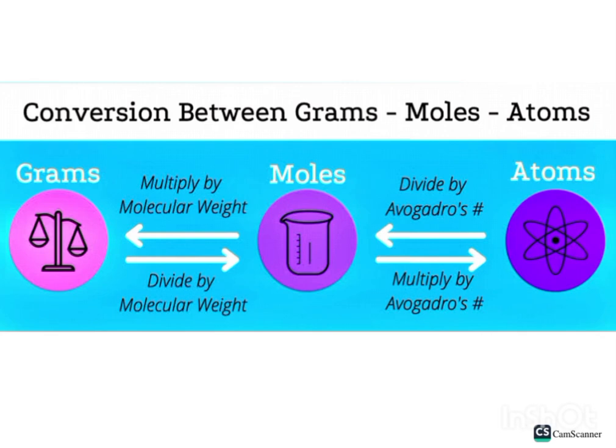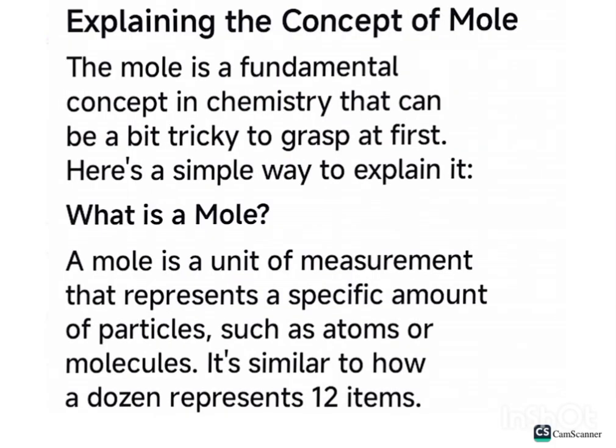If you have the mass, you divide by the molecular weight to get the moles, and if you multiply it back, you get the mass in grams. Again, if moles are available and you have to find the number of atoms, you multiply by Avogadro's number, and if you have atoms, then you divide by Avogadro's number to get the moles. So this is the concept of mole.